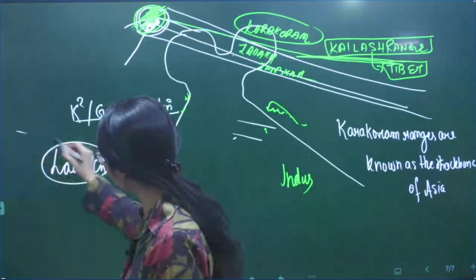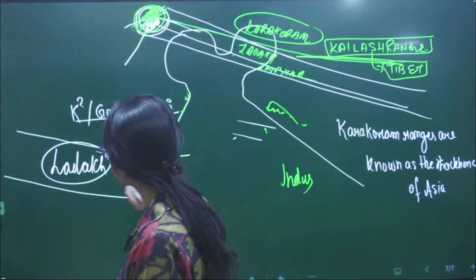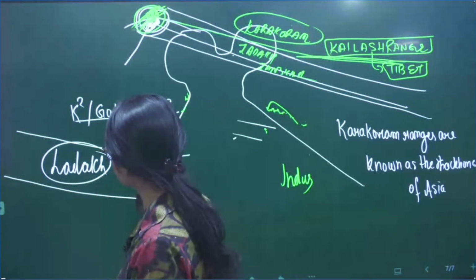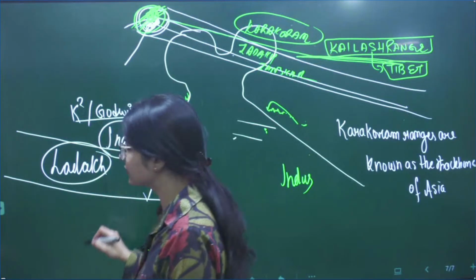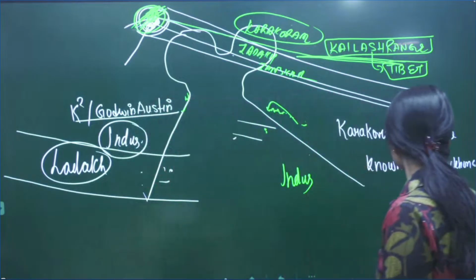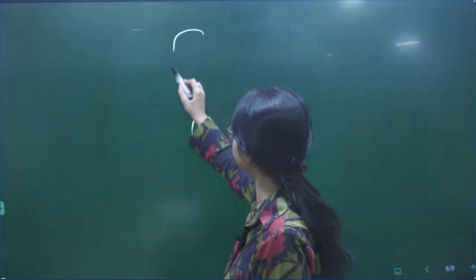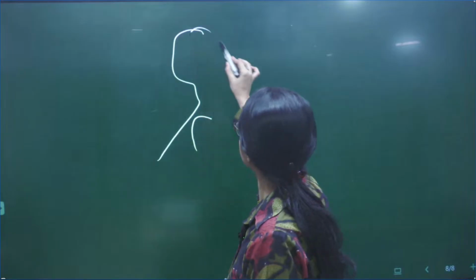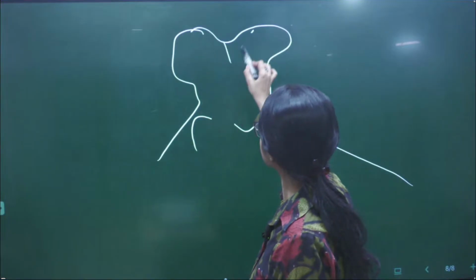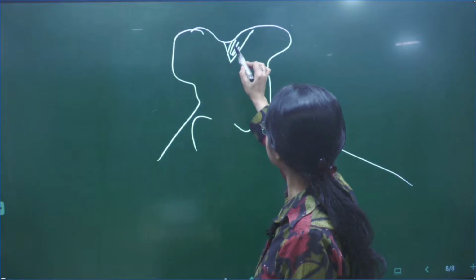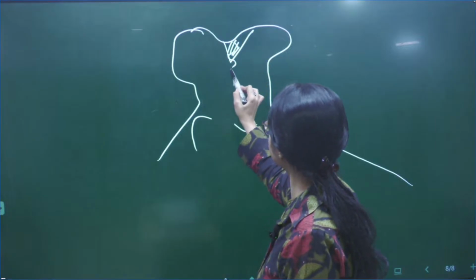Water divide between what? Indus and its tributary. What is the tributary? Shyok. How does the Shyok come in as a tributary? This was a question in 2022. See, there is a valley called Nubra Valley here, from where the Shyok is coming.